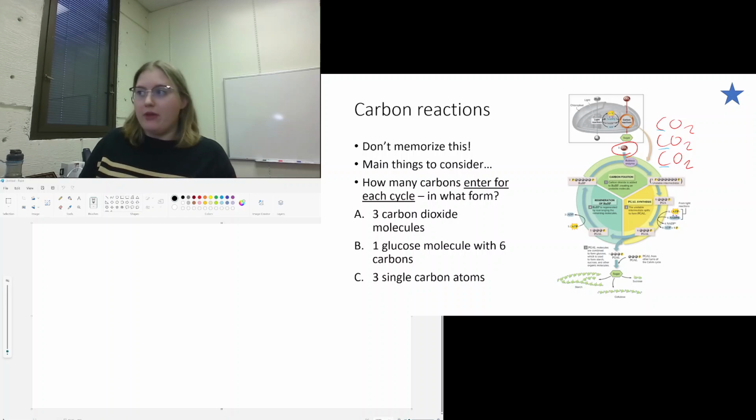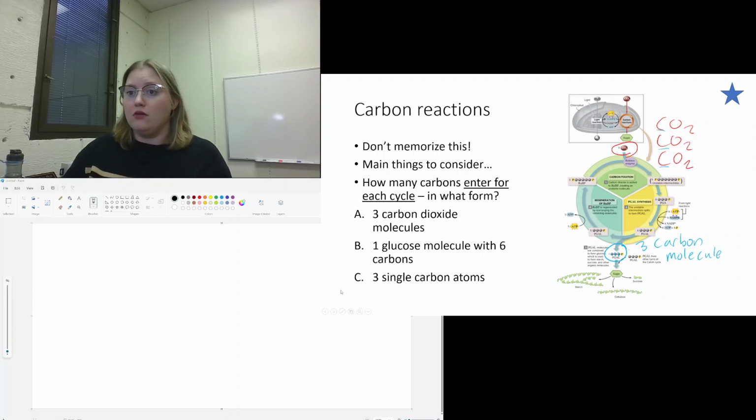But all we need to remember here is that these 3 carbons get put into a molecule called P-gal. P-gal is a 3 carbon molecule. You can see that with these gray spheres: 1, 2, 3. So 3 carbons from carbon dioxide coming in, making a 3 carbon molecule.